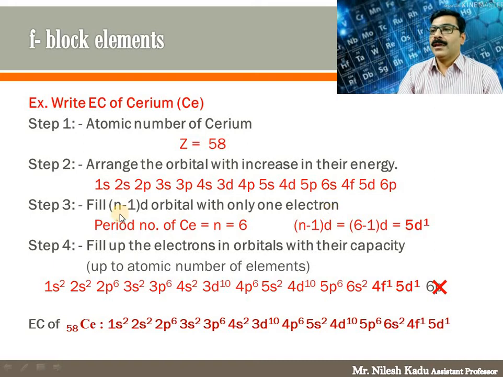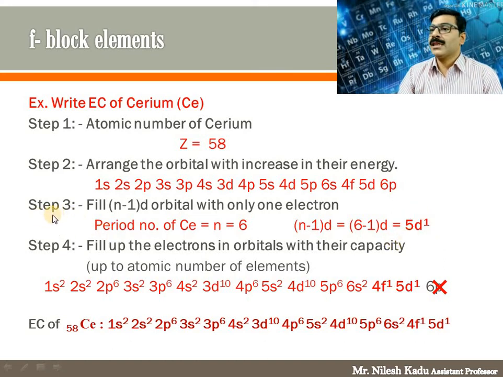Now friends, cerium is present in the 6th period because the lanthanide series starts from the 6th period. So the value of n is 6, and n-1 d means 6 minus 1 d, and 6 minus 1 means 5d, and the 5d orbital you have to fill with only 1 electron, and this is the third step.